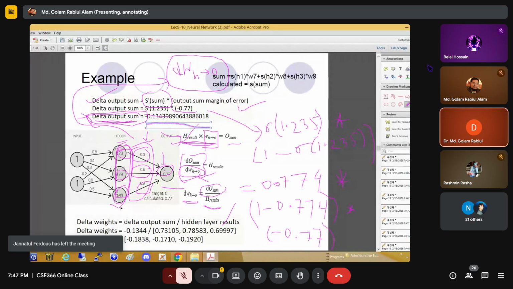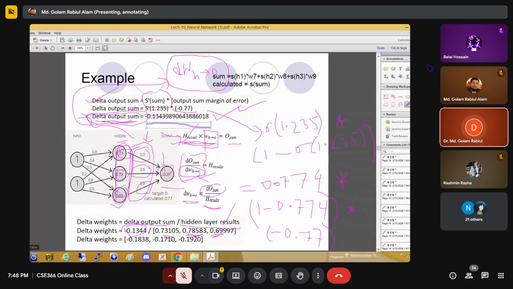Therefore, if we divide our delta output sum by our hidden results, we will get our delta weights. Here the delta output sum is negative 0.134, and we divide it by the hidden results 0.73, 0.79, and 0.69.